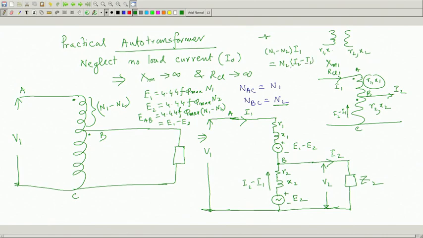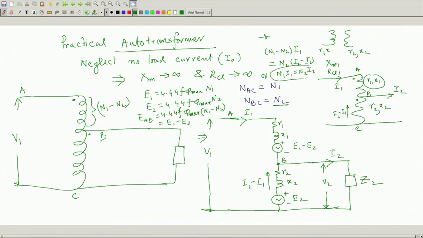And this means minus N 2 I 1 cancels off from both sides, this is I 1. So, this also means N 1 I 1 is equal to N 2 I 2.